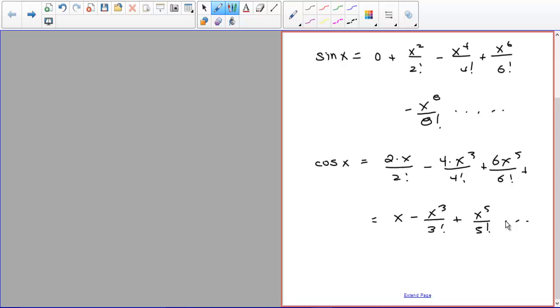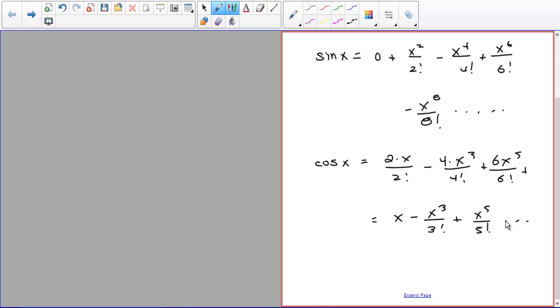Okay, so the reason I did that is just to show you that anything we've learned in calculus relating to the integral or derivative of polynomials, which we're really good at, you can relate to the derivatives and integrals of non-polynomial functions through the infinite series.